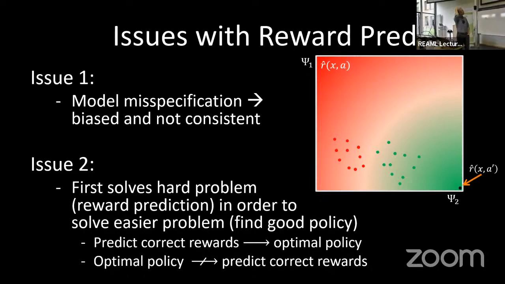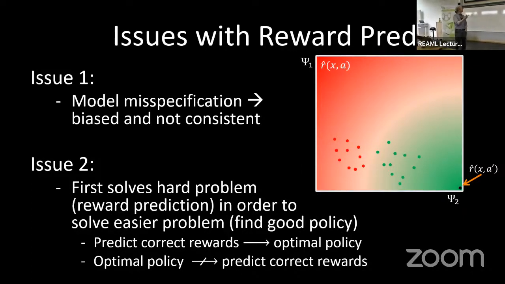But if you think about it, do we really have to do reward regression? If we can do good prediction of all the rewards, that's great. We can read off the optimal policy, no problem. But it's actually a harder problem than just learning a policy directly. Vapnik, one of the fathers of statistical learning theory, said that if you want to solve a problem, don't solve a harder problem first.